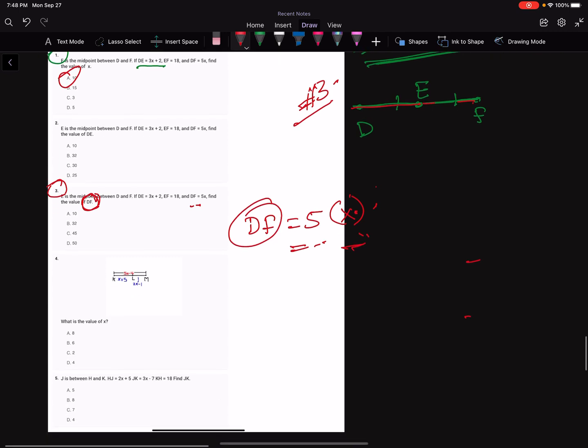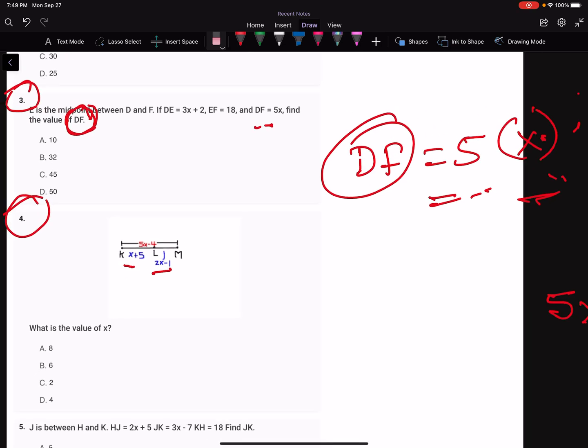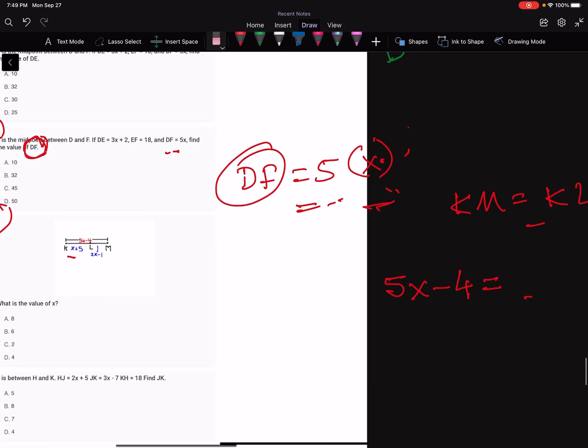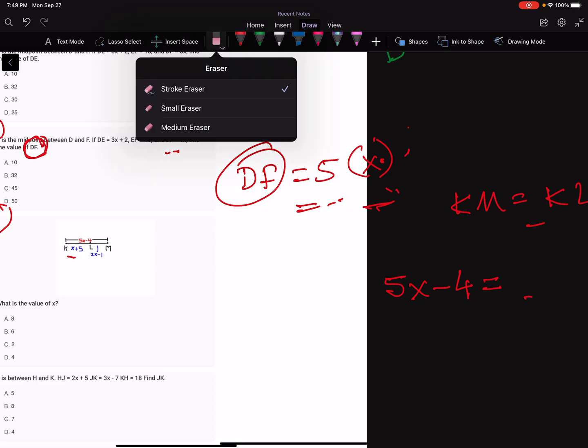Let's come back for number 4. KL is x plus 5, and LM is 2x minus 1. The whole KM is 5x minus 4. So you can form the equation: KM equals KL plus LM. KL is x plus 5, and LM is 2x minus 1.